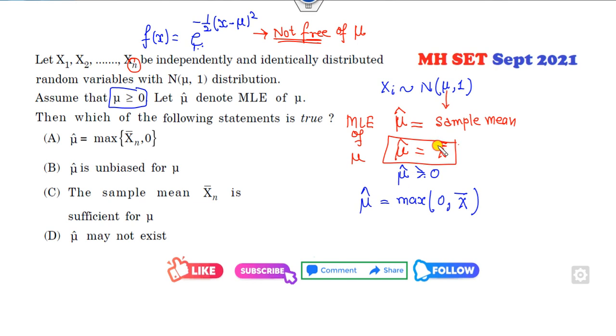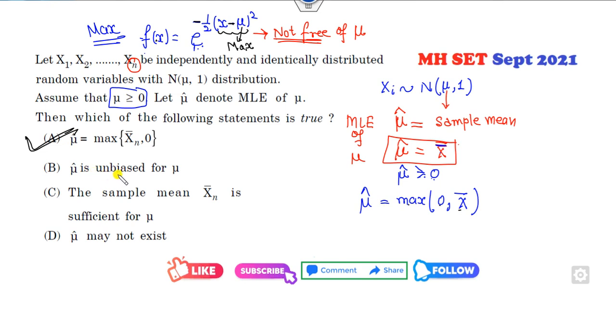Because x bar is a sample mean. It can be negative, it can be positive, and if it is positive, you can see how you can maximize this f. When will this f be maximum? Because of this negative, it should be minimum, but because of this negative it should be maximum. So that means it should be the maximum of 0 and x bar.